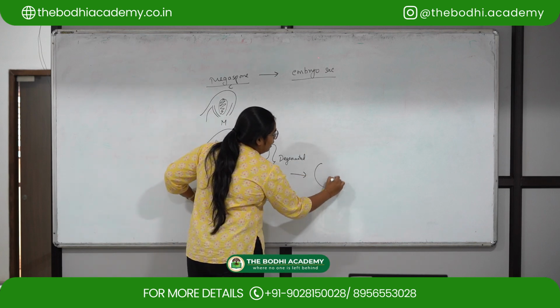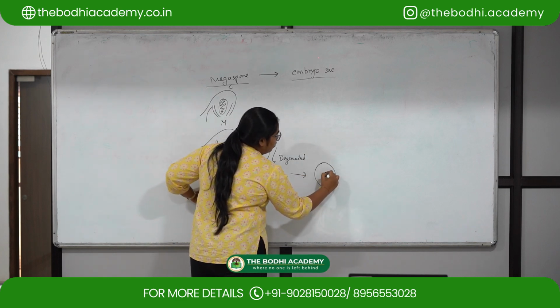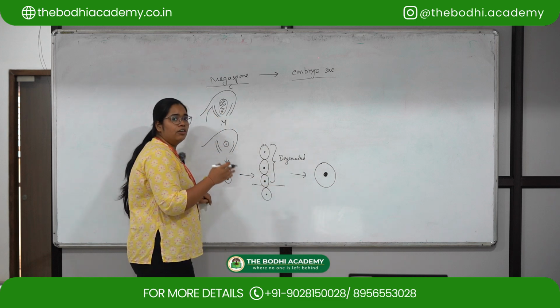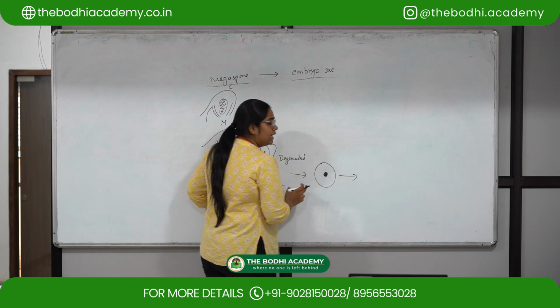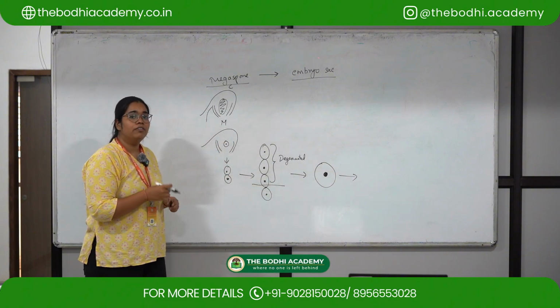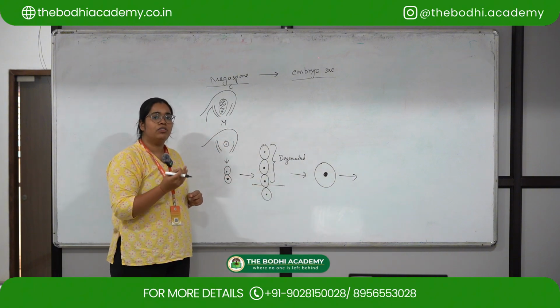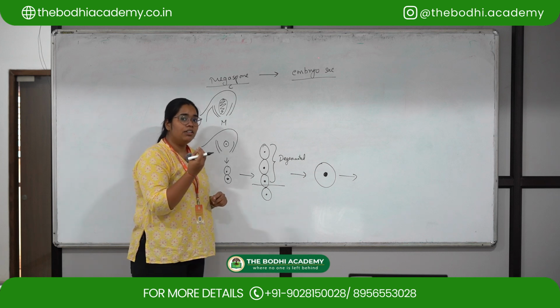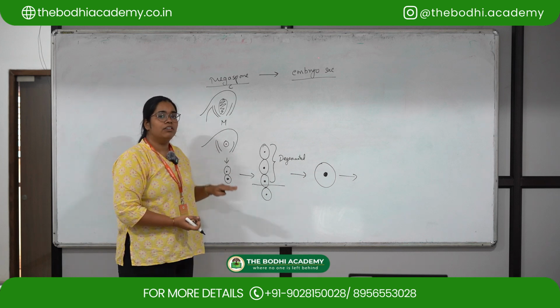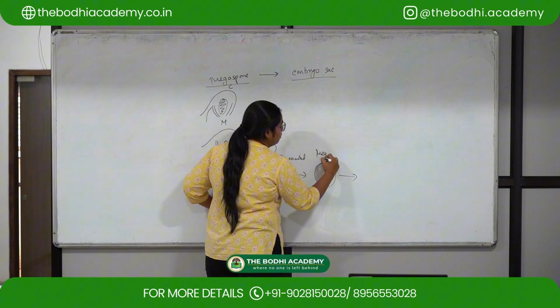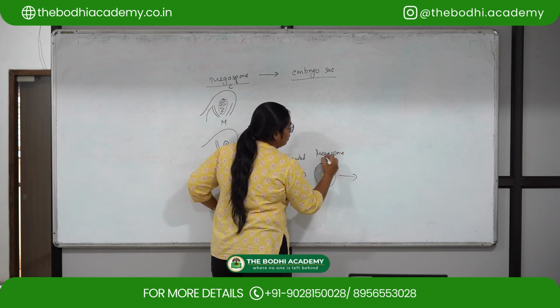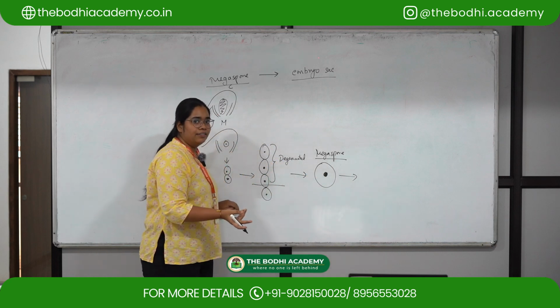So this cell will enlarge, and after that what will happen is karyokinesis. Karyokinesis is basically the process of nuclear division that will start. First the cell division will take place, then after formation of the megaspore, the karyokinesis will take place.